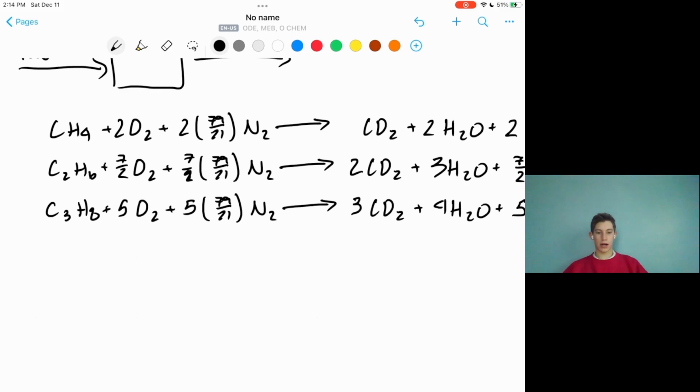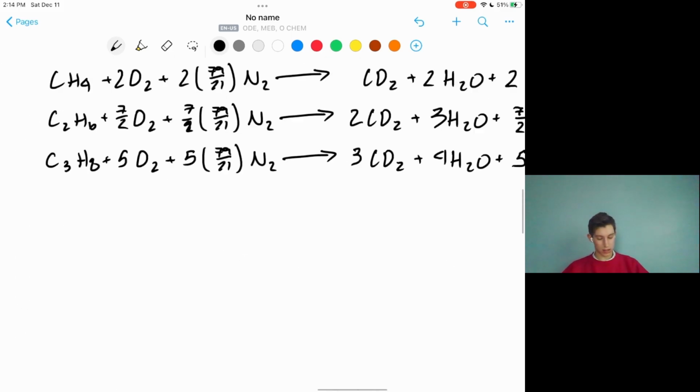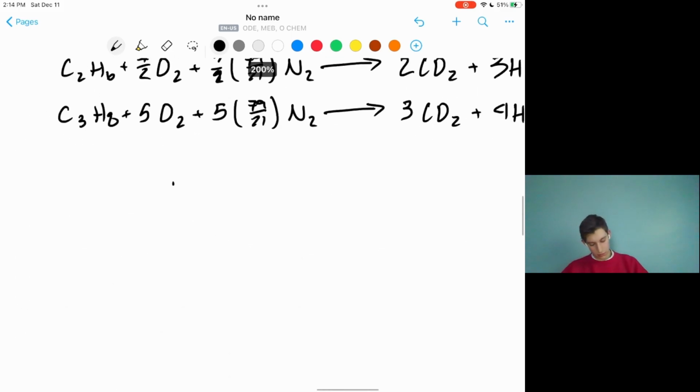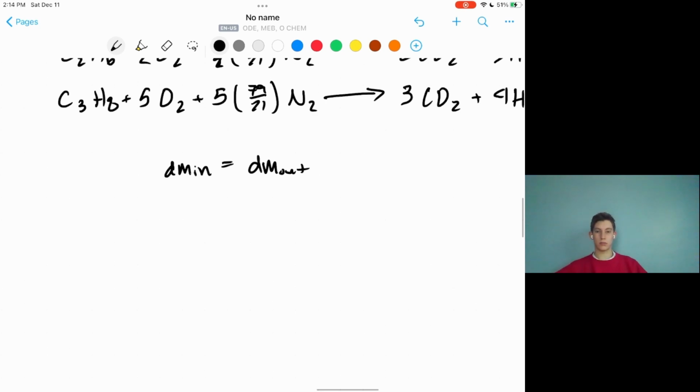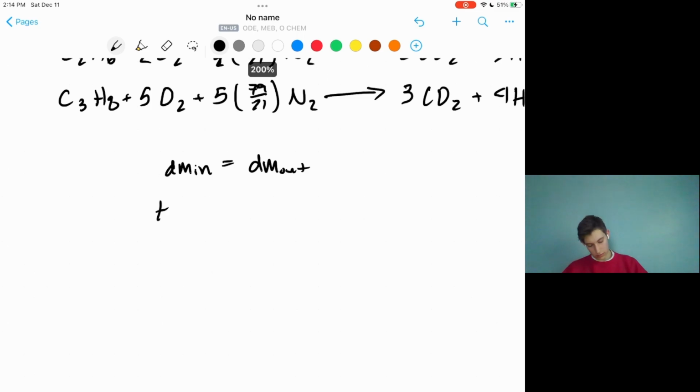So looking at the idea of the steady state, we know that the small change of mass going in equals the small change of mass going out. And if we tie an enthalpy into this, we see this equation.